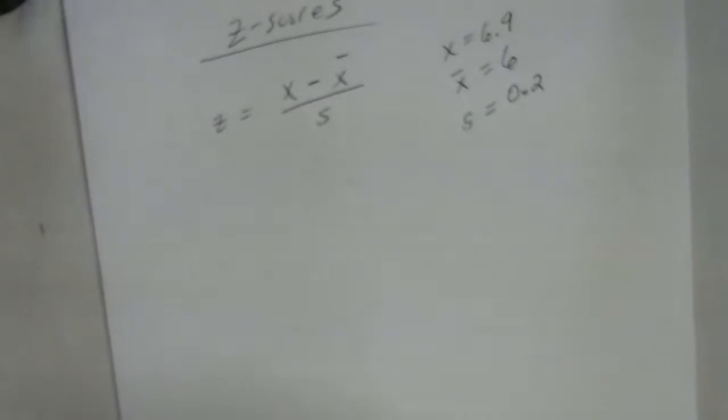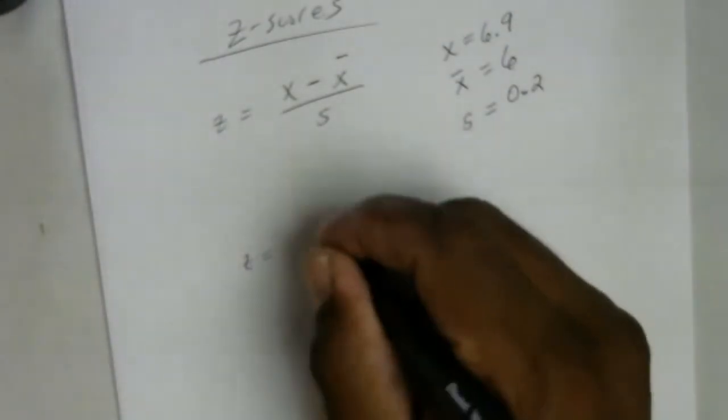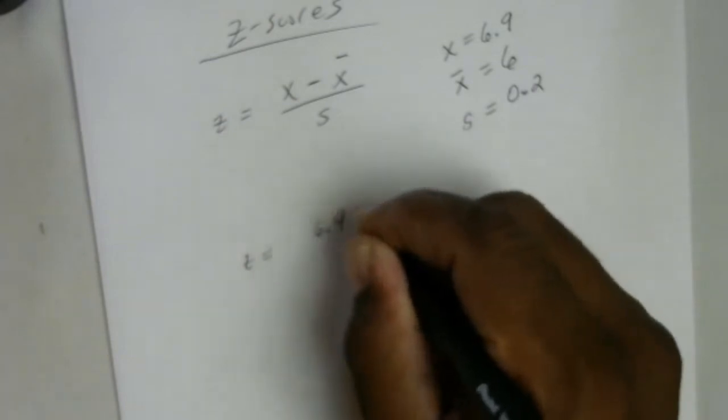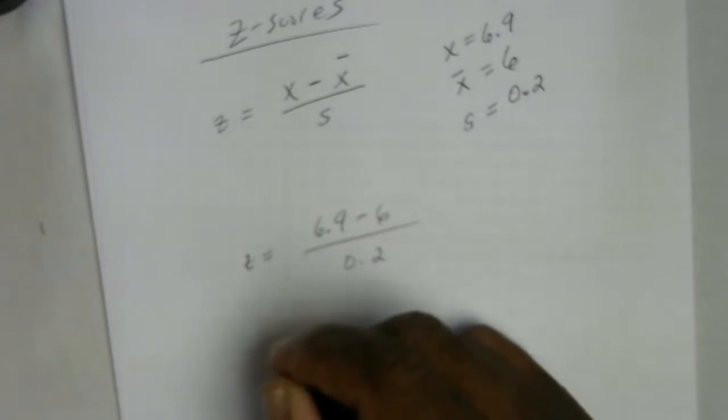All right, so now we'll calculate the z-score. So z is equal to 6.9 minus 6 divided by 0.2.